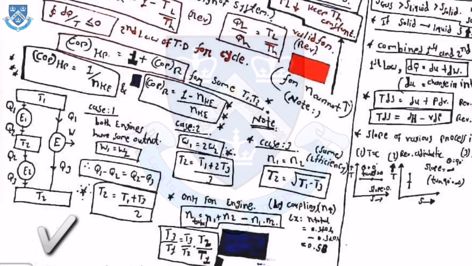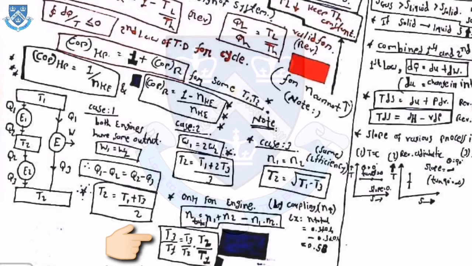This is the equation for finding T2 and W1 or W2 for the cases shown in the figure. The third case is when the efficiencies of both cycles are the same, then T2 is equal to the square root of T1 times T3. These three are some important points you can note down in your notebooks. After that, this equation can be applied only for engines.